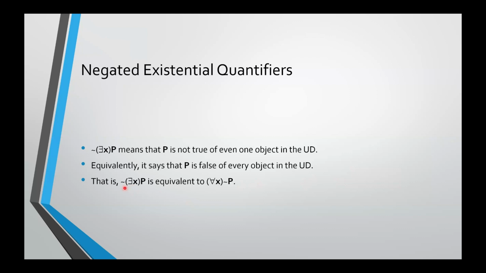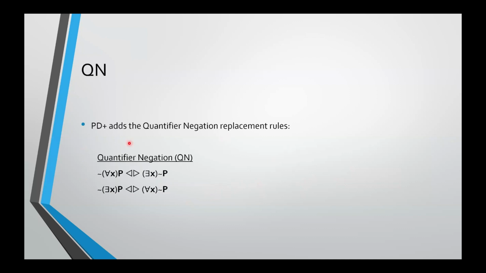So you can take sentences like this and turn them into sentences like this that have inference rules that you can apply to them. So these are the quantifier negation rules. If you have a negated universal quantifier, you can turn it into an existential, and vice versa, right?